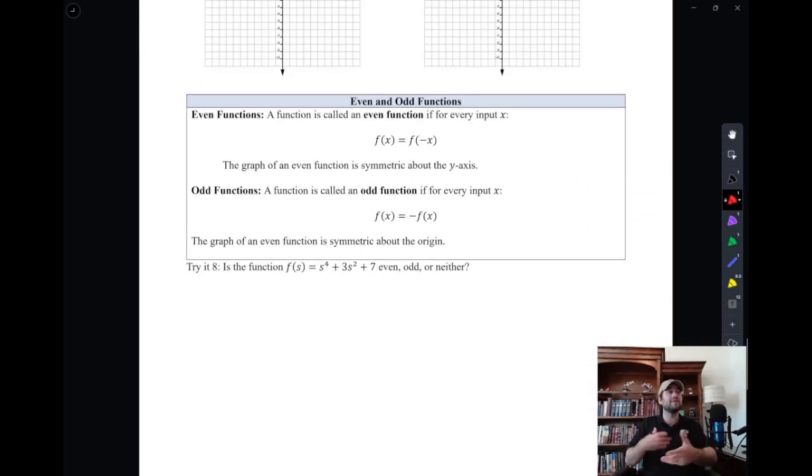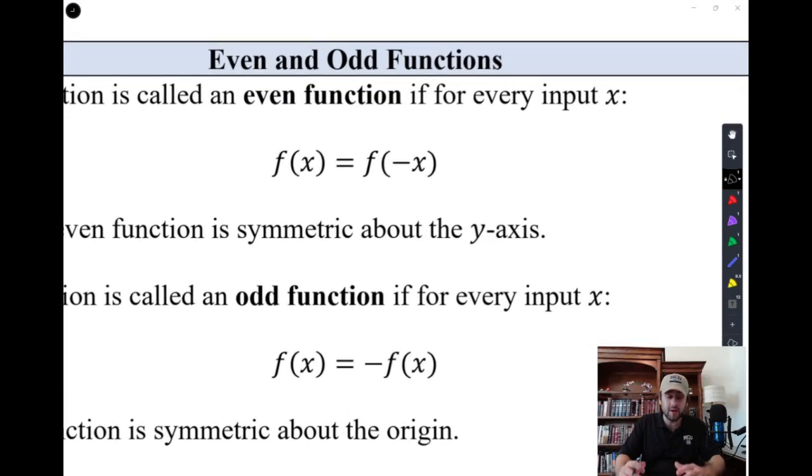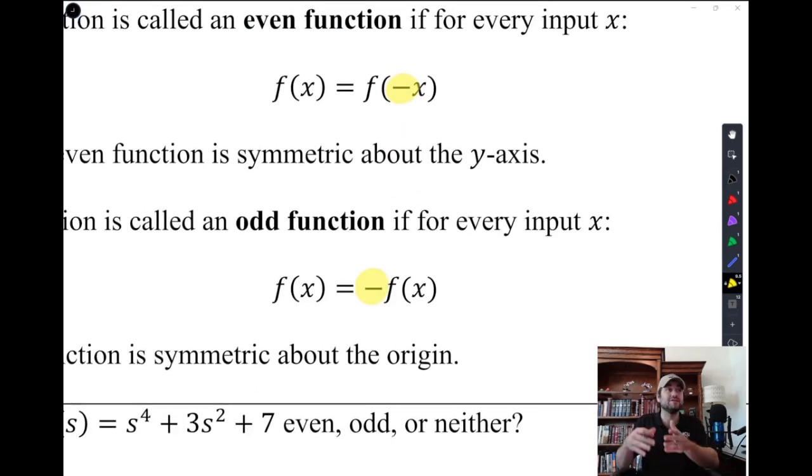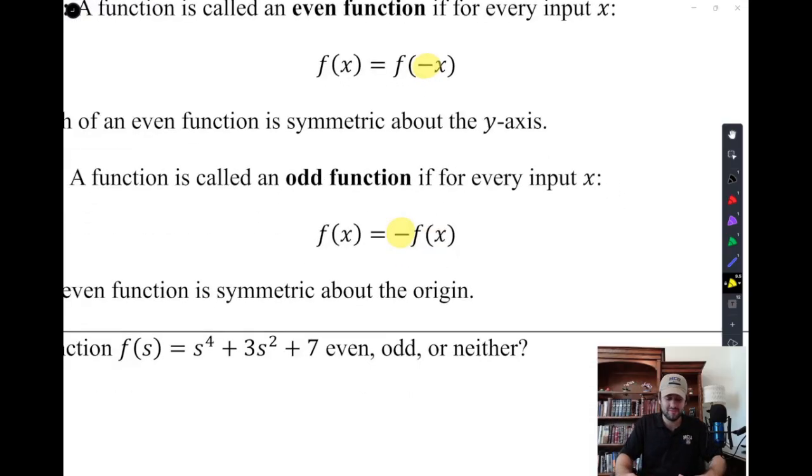Something that comes along with these reflections is this idea of even and odd functions. Even and odd functions come from the input and the output. So look, here the input has been negatived, or a negative sign has been introduced to the input, and here a negative sign has been introduced to the output. And based on what happens when you do that, you can say something's even or odd.